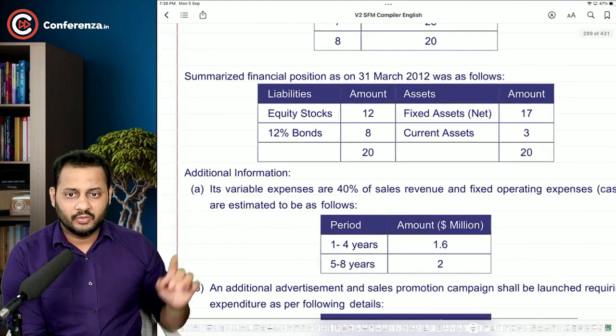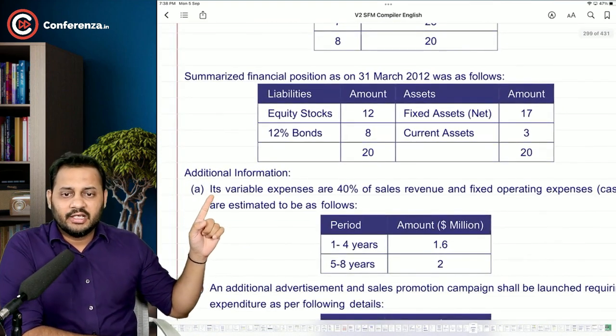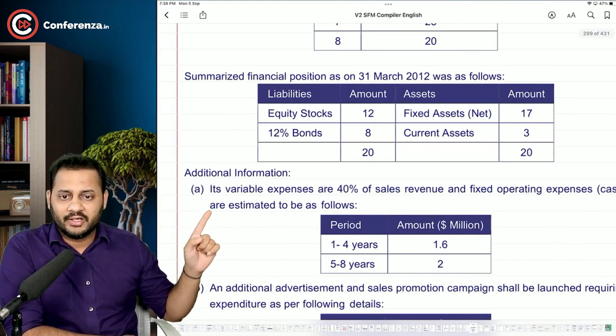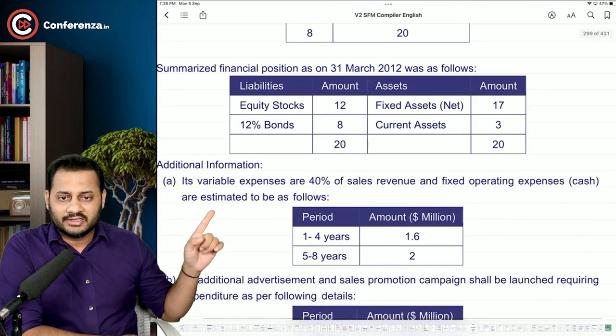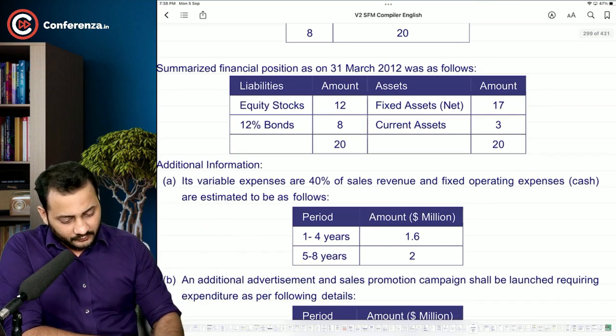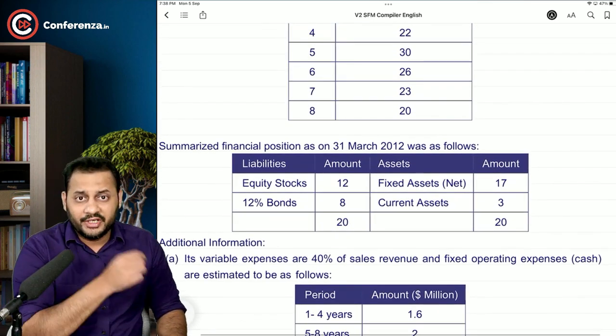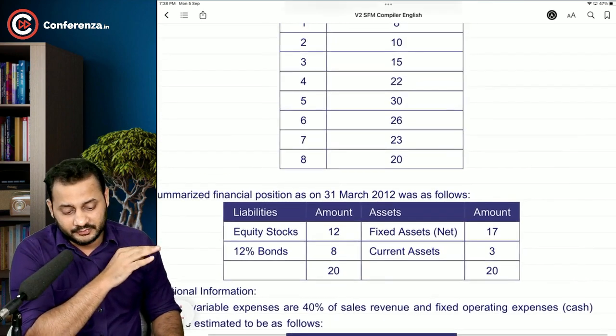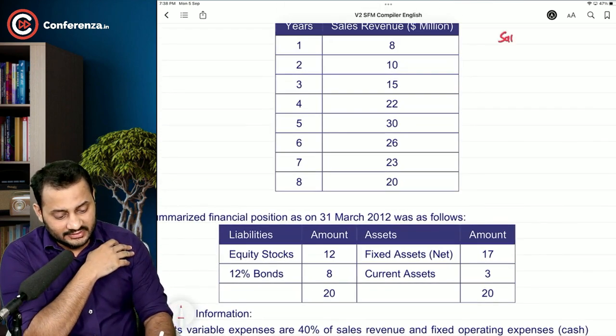Now, additional information. Its variable expenses are 40% of the sales revenue, and fixed operating expenses are estimated to be as follows. We have to reach the point where we can calculate the free cash flow to the firm. So the very first thing to consider is sales, less variable expenses, less fixed expenses.